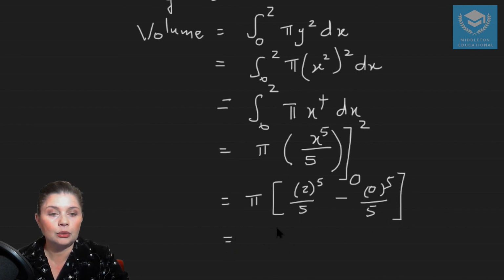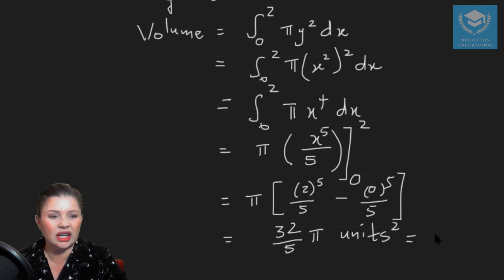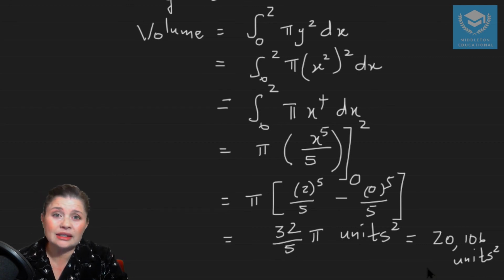So we end up with 32 over 5 pi, in units cubed. And that is equal to about 20.106 units cubed. And that's basically it.